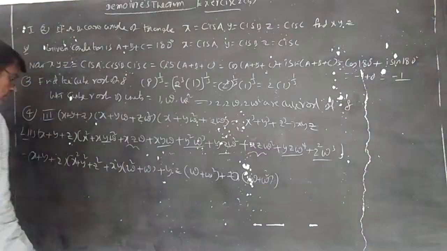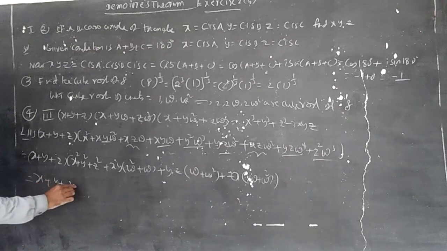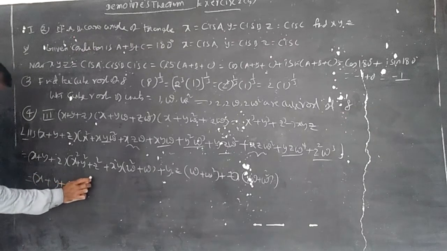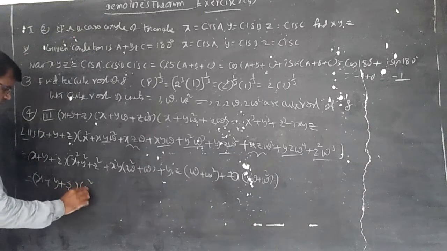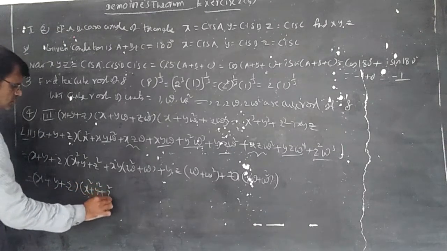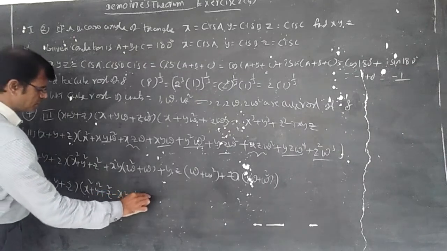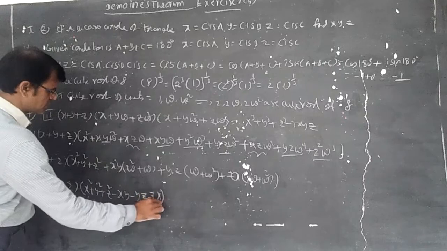Since 1 plus omega plus omega square is equal to 0, we know that omega plus omega square is equal to minus 1. So this is x plus y plus z into x square plus y square plus z square minus xy minus yz minus zx.